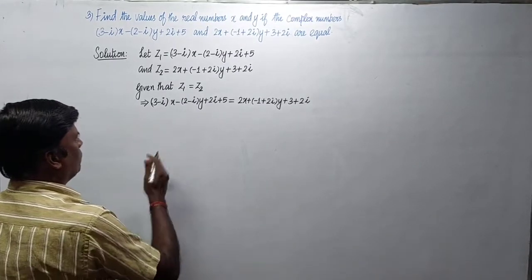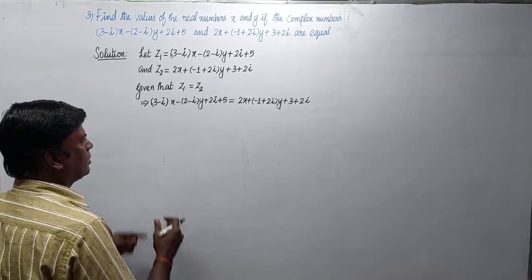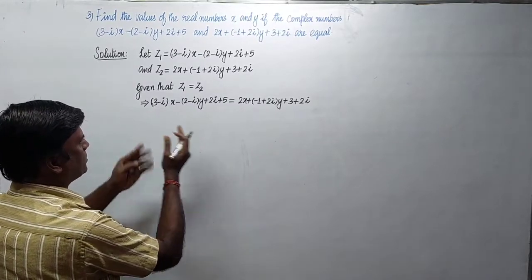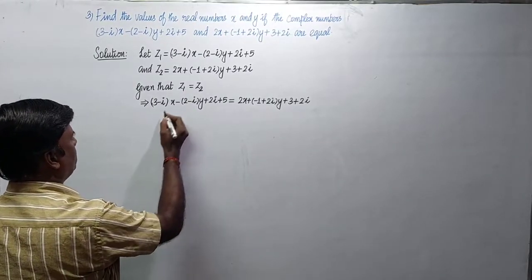So first we are going to separate the real parts and imaginary parts. So we have to multiply first.